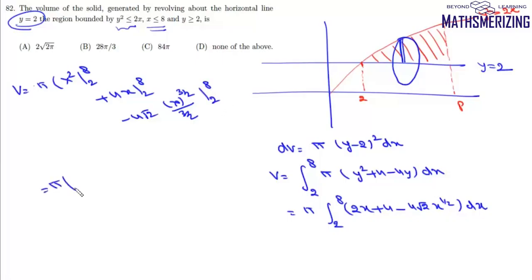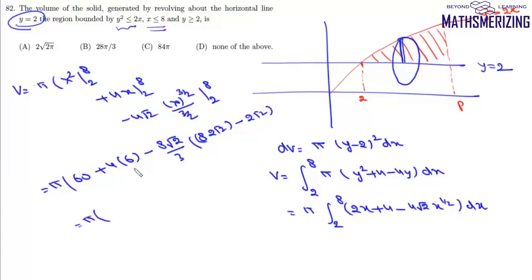So here it will be pi, and then 64 minus 4, it will be 60 plus 4, and then 8 minus 2 is 6, minus 8 root 2 upon 3, and here it will be 8 to the power 3 by 2. 8 to the power 3 by 2 will be 8, and root 8 will be 8 into 2 root 2 minus 2 root 2.